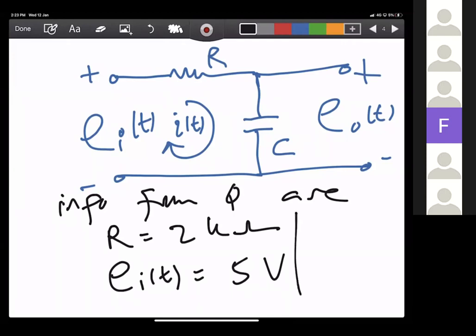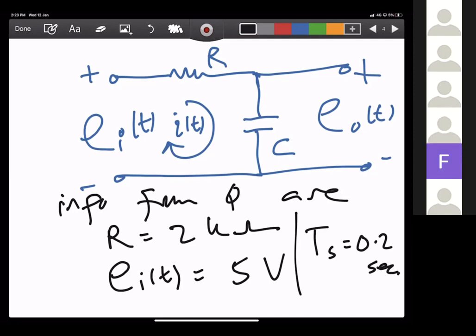Settling time. Zulfikar, settling time. Is that in the question? Don't know. Azri Rukaini. 0.2 second.